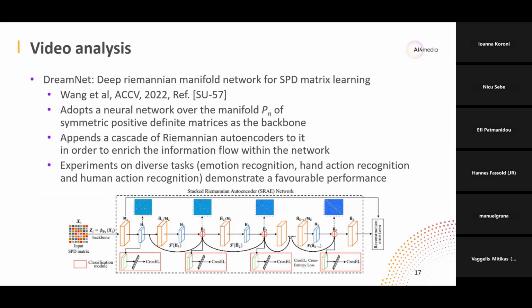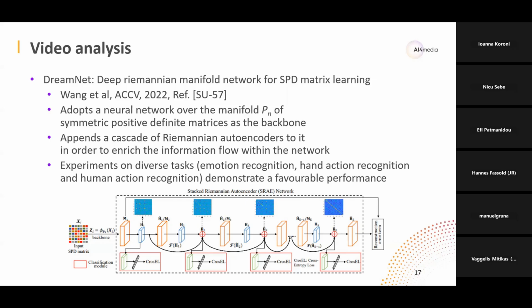Then also for video analysis, there is a nice approach which is called DreamNet, Deep Riemannian Manifold Network for SPD matrix learning. So symmetric positive definite matrices are those. And it proposes a full-blown neural network over the manifold of these SPD matrices as the backbone. So the input is a symmetric positive definite matrix.